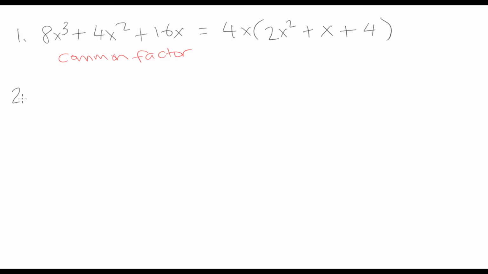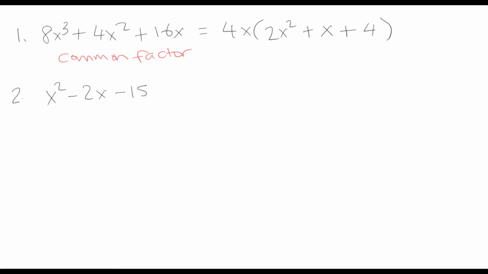Now, let's say you can't find a common factor, and we used an example like this. In this case, we don't have any common factors that we can take out, but we recognize that we have 1 as our leading coefficient.